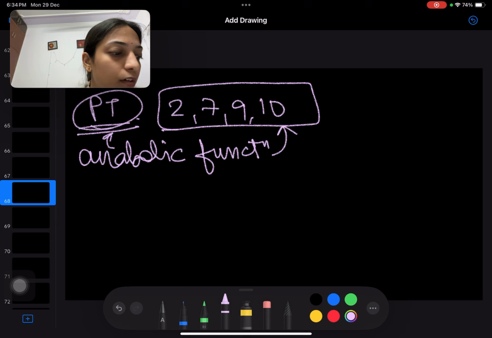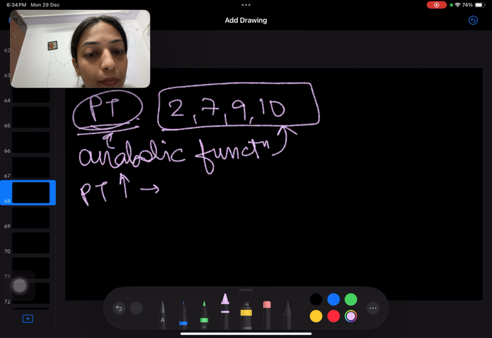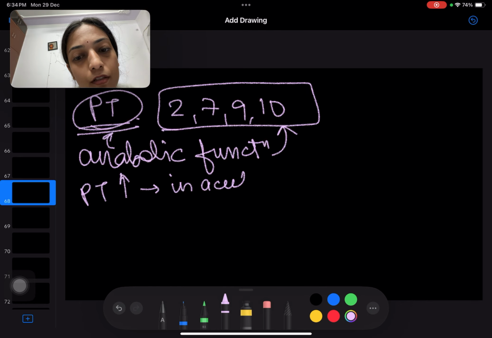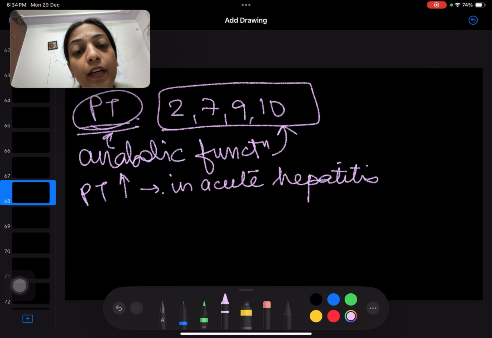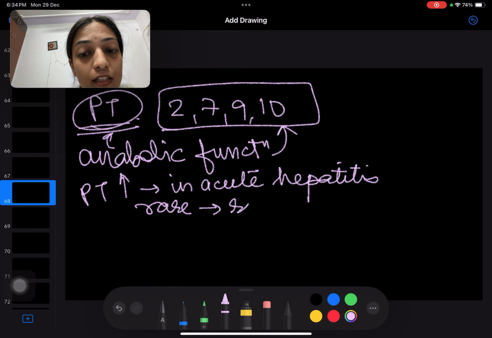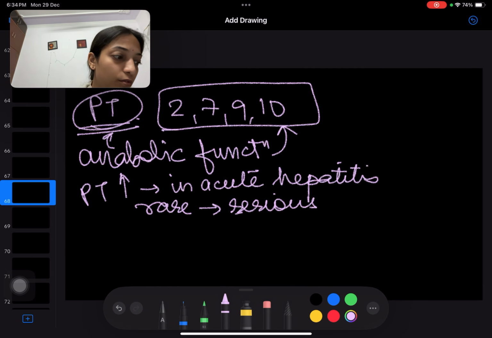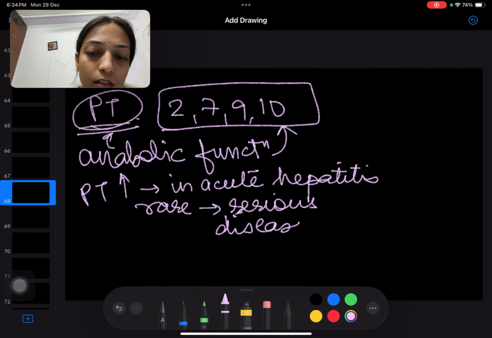Okay. If PT is prolonged in acute hepatitis, it is a rare thing and it is considered to be very, very serious. Okay, it indicates that the disease is severe.